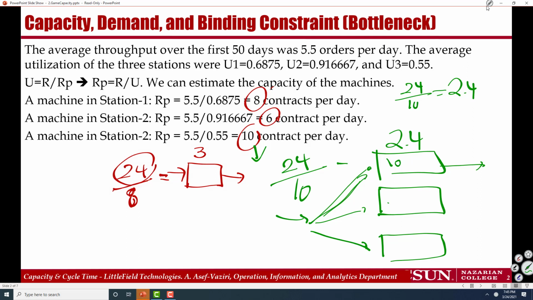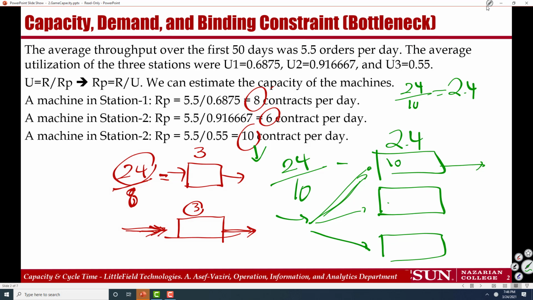So if you are in station 1, if no contract is here, or if there are some contracts on machines but 1 machine is empty with no product, if a product comes in, it will take 3 hours to go from the start of station 1 to the end of station 1, which is indeed the front of station 2.